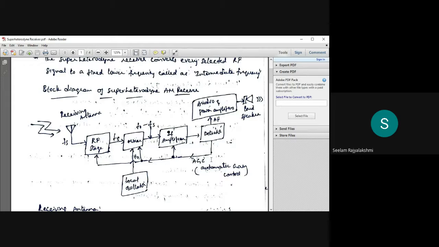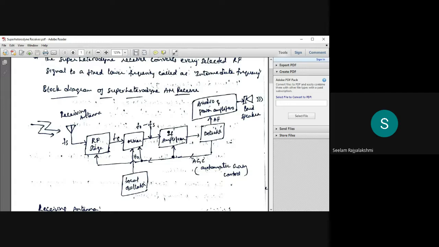Now let us see the AGC, or automatic gain control. We know that every amplifier has its own gain. The higher the gain, the better the amplification. This is the AGC circuit. It controls the gains of the radio frequency and intermediate frequency stages.